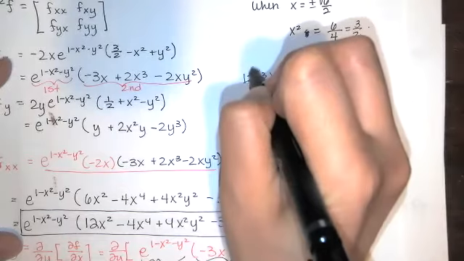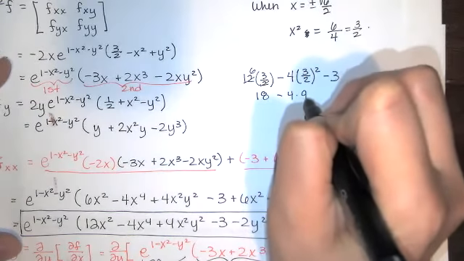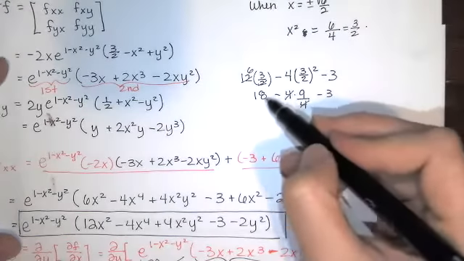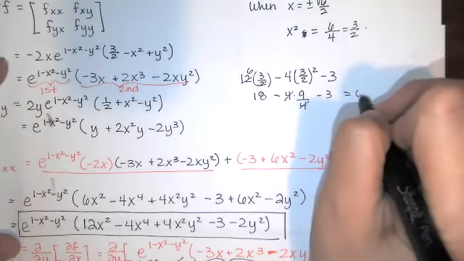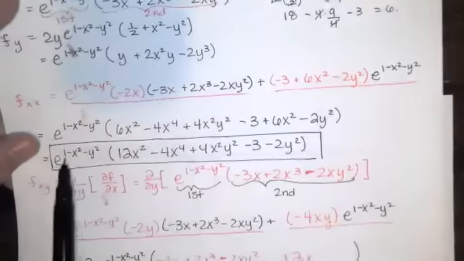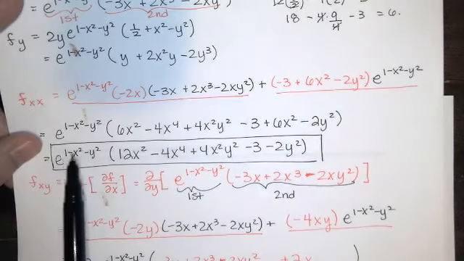So this can reduce. We get 18 here. If you square that fraction, we've got that. The 4's reduce. And so I have 18 minus 12, which is 6. So this is 6, and this is e to the 1 minus 3/2, or e to the negative 1/2. So I have 6 times e to the negative 1/2 here.